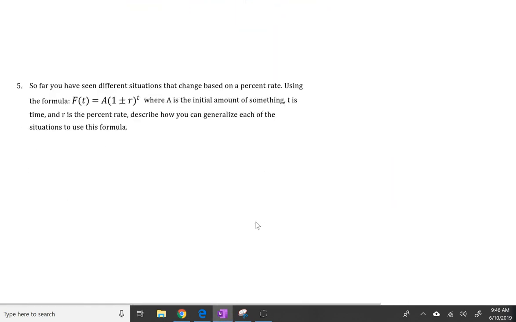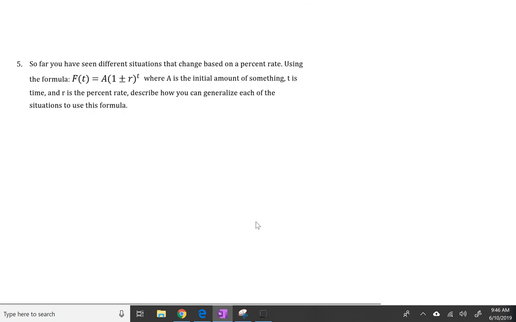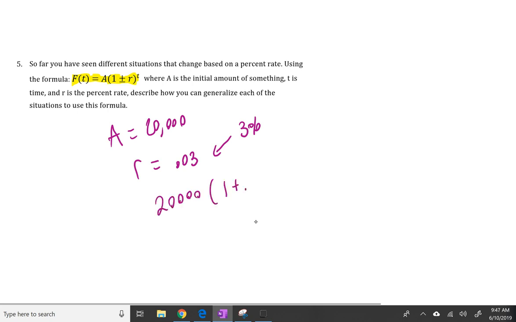So what you notice is we had different situations that were based on a percent rate. So we want to break down this formula, f of t equals a times 1 plus or minus r to the t power. So in both cases with Mama Big Bucks, a was 20,000. And in both cases, r was 0.03, which is the decimal representation of 3%. So in the one formula, when it was appreciating, you can see how we did 20,000 times 1 plus 0.03 to the t power.